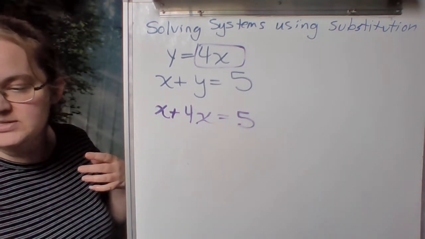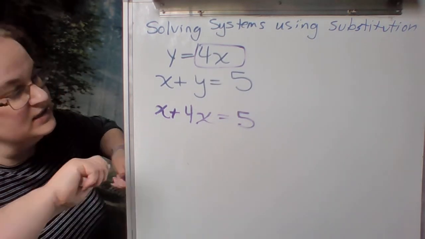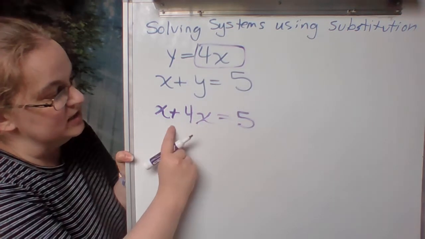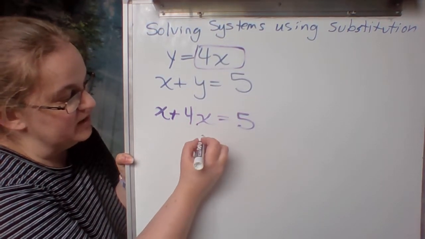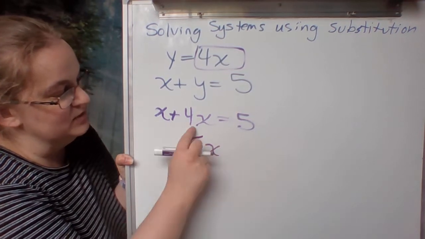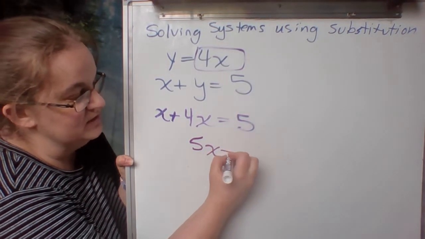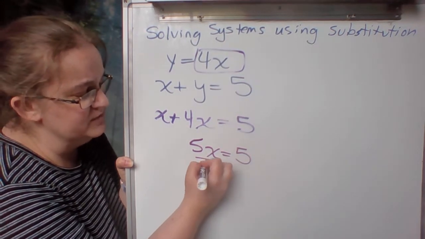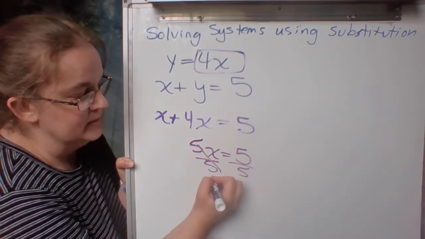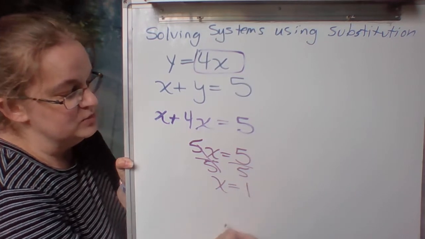And if I'm down to one single variable, that means I can easily find the answer. I can combine like terms, so x plus 4x, that's going to be 5x, because if I have one xylophone plus 4 xylophones is 5 xylophones. And once I get to this point, you just divide by 5, so x equals 1.